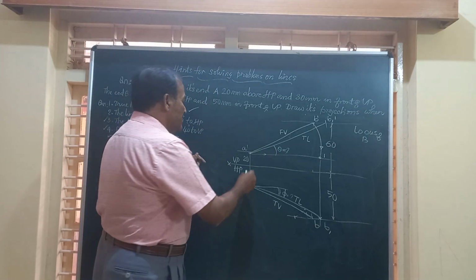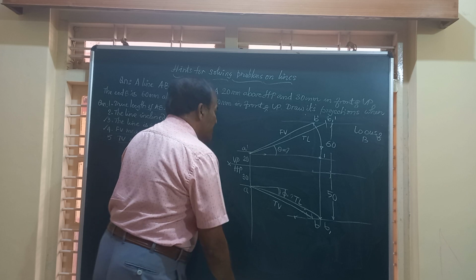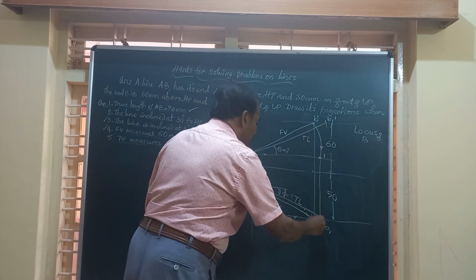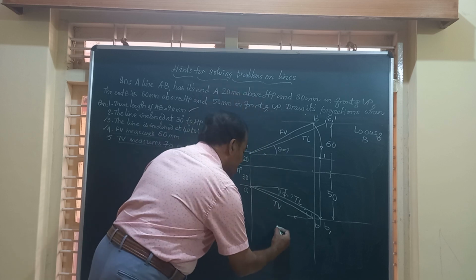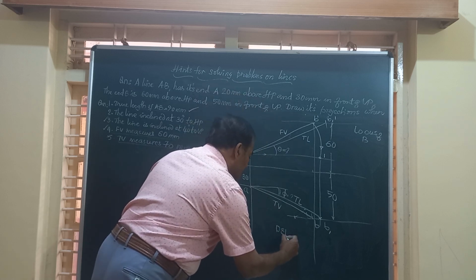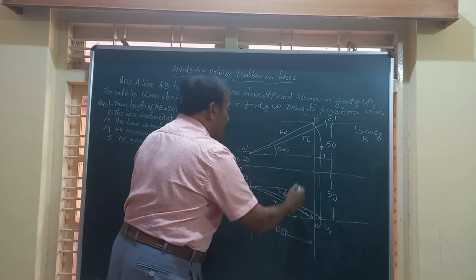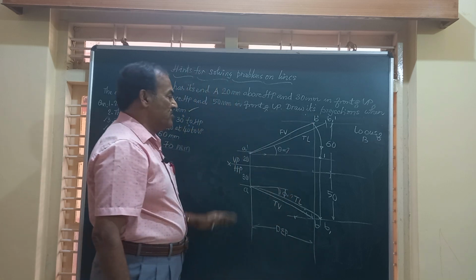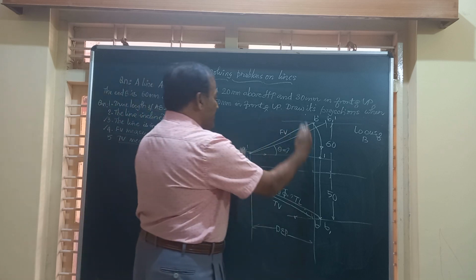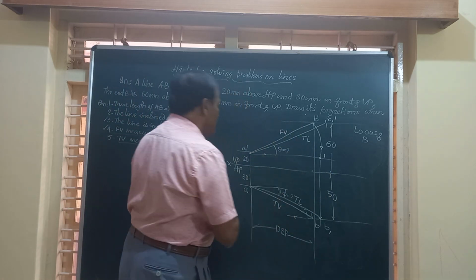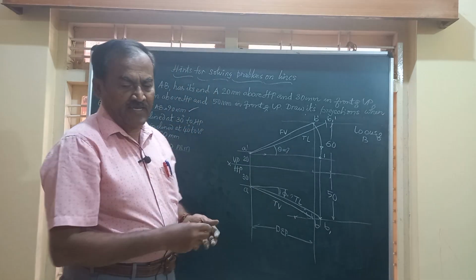How to obtain that? A dash A is one end projector. You got B dash and B which lie on the same vertical line. Draw a line from there, and measure the distance between these two lines, which are perpendicular to XY, and the distance is measured parallel to the XY line.